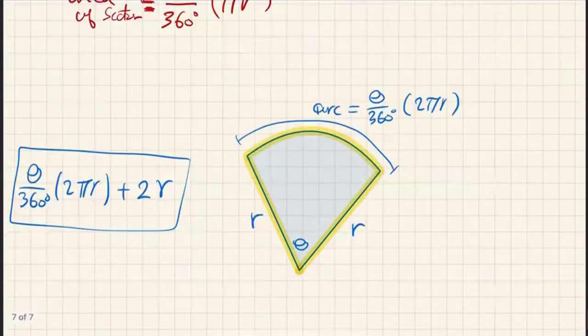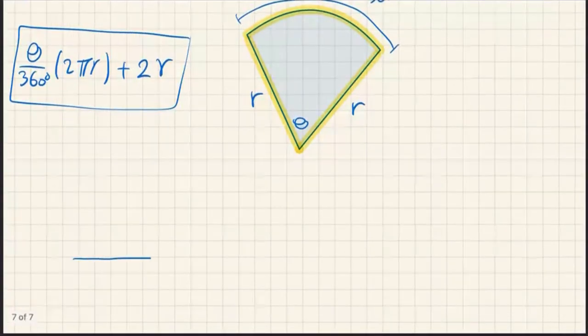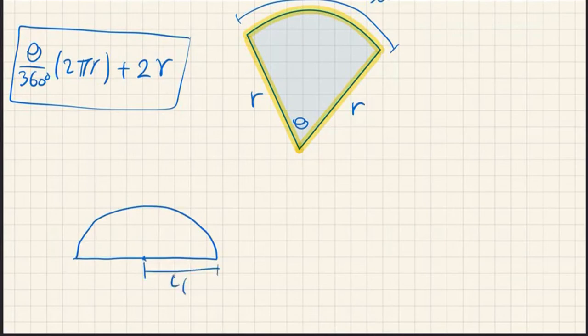Okay, now you don't have a sector, you have a semicircle, which is a sector also. Okay, and he's telling you that the radius is 4. So the semicircle is half the circumference, because you have the typical part which is cut.